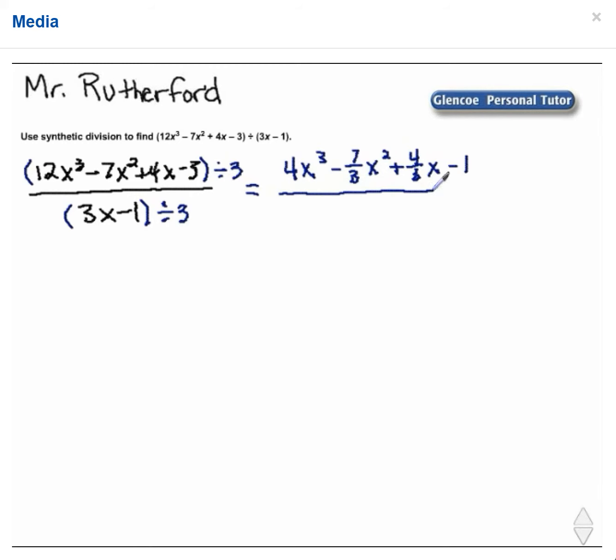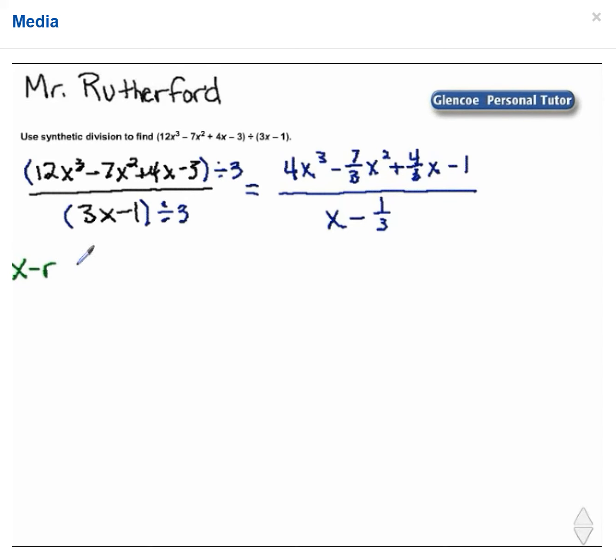Then in the denominator, we'll have 3x divided by 3, so that'll give us our x that we need, and then minus 1/3. So now we can go ahead and use synthetic division.